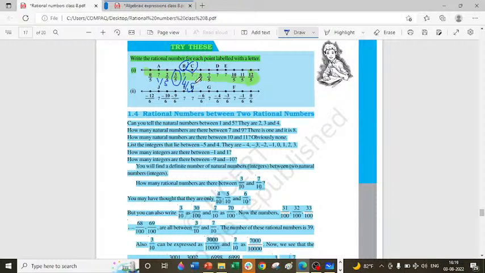So that will become 5/5 and that is nothing but 1, because when we divide 5 by 5 we get 1. So here we get 5/5, and then the next is 6/5 and then 7/5, and after 7 comes 8, so here it will be 8/5. So I hope you are clear here.